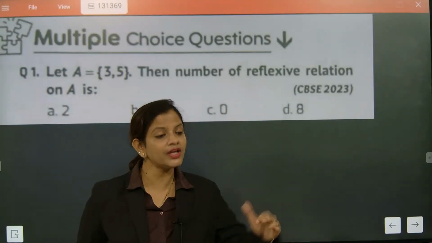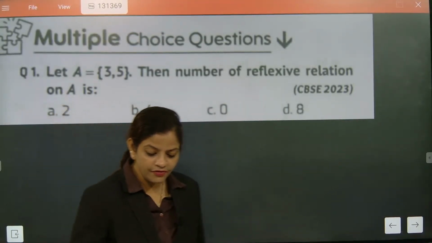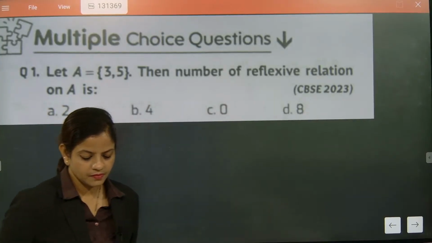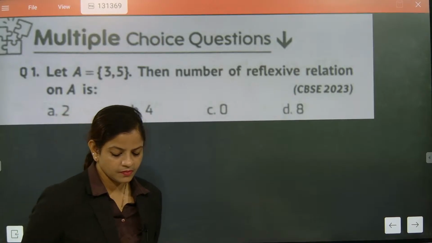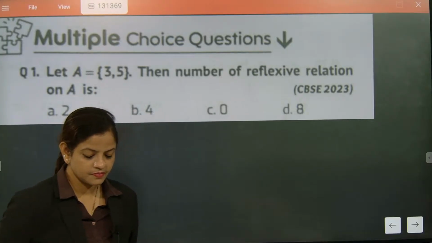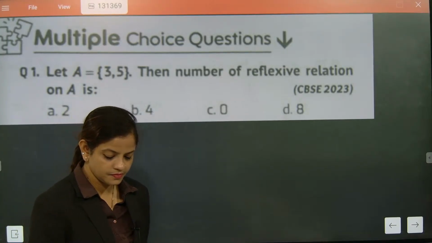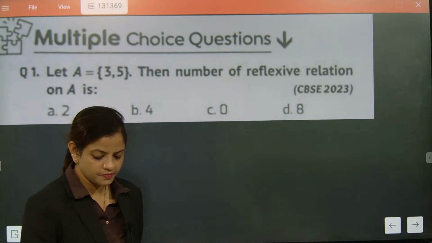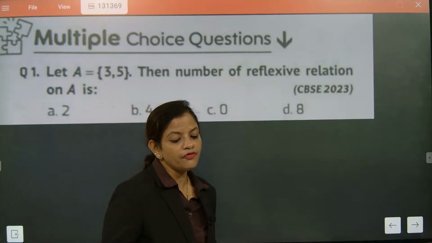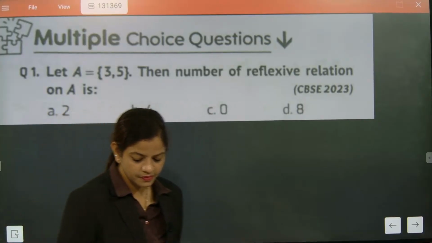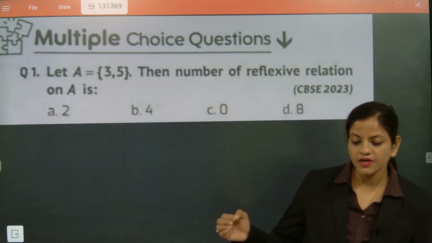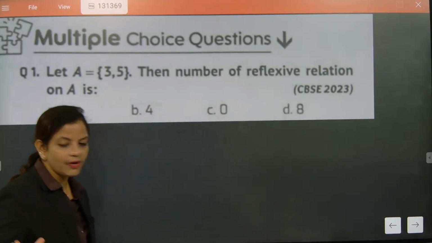Okay, write down the number of reflexive relations possible. First, check this one out.